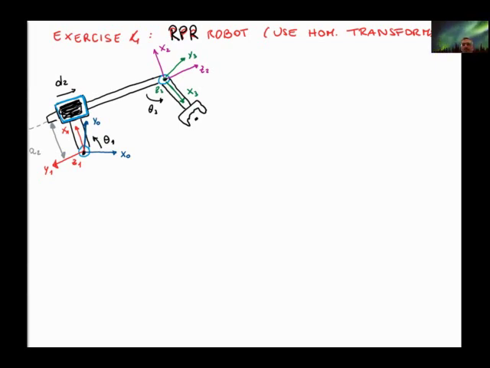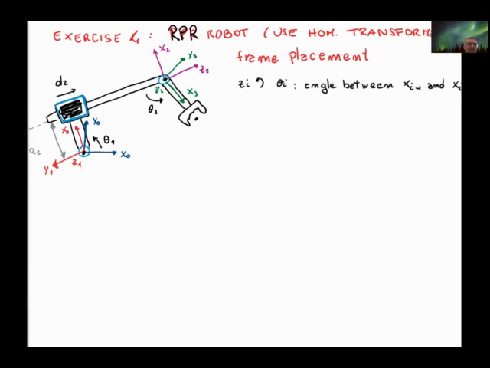In this case, let's have a look at the homogeneous transforms. But before looking at them, we need to see the frame placement. I already drew that, so we just verify what we did.